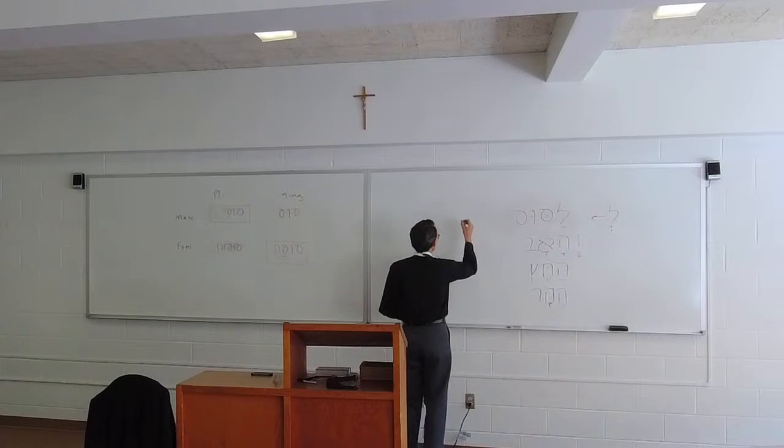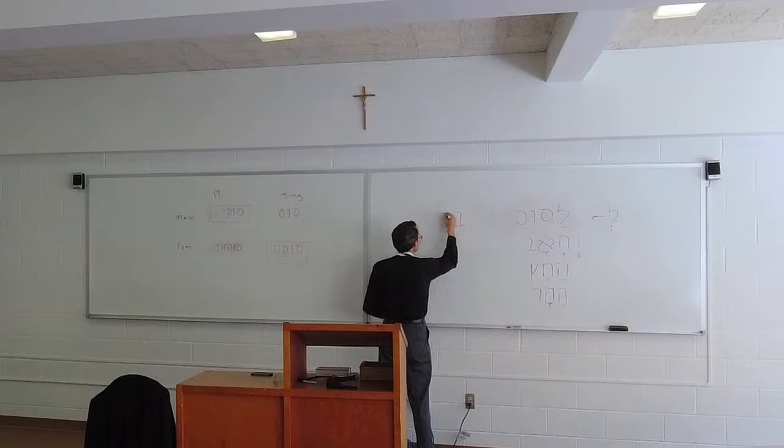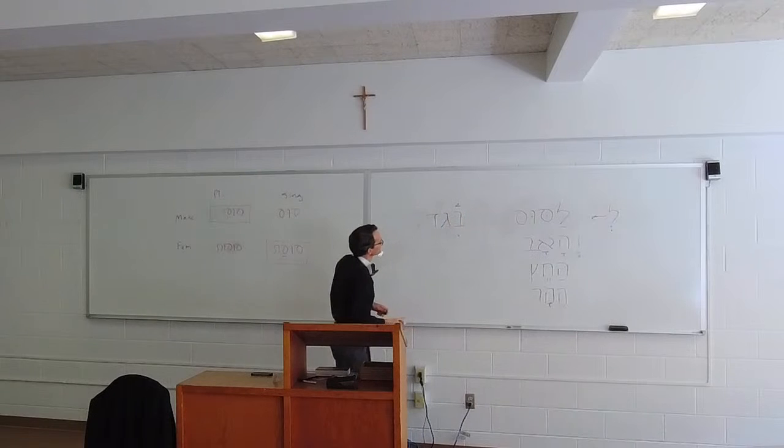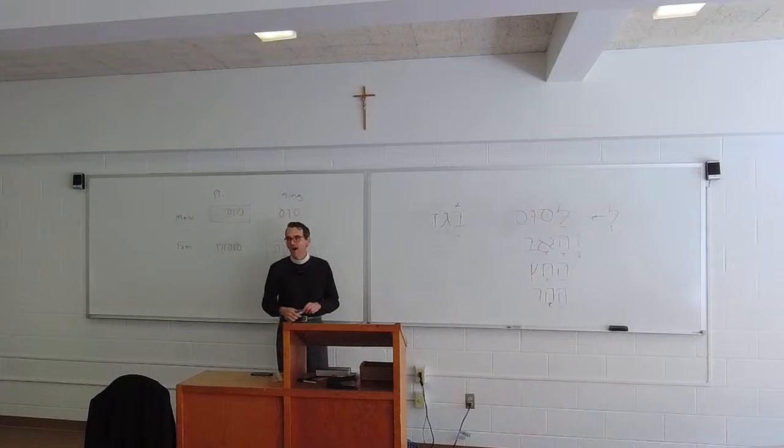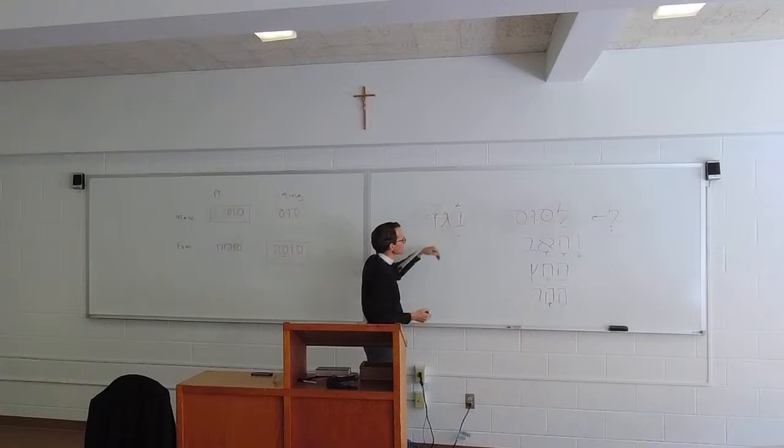So let's say beged, garment. What type of noun is that? Segolate noun. Two segols with an accent on the first syllable. Okay. So I'm going to add it here, but it's a bait, bait mem pei, or any letter, any consonant with the schwa.